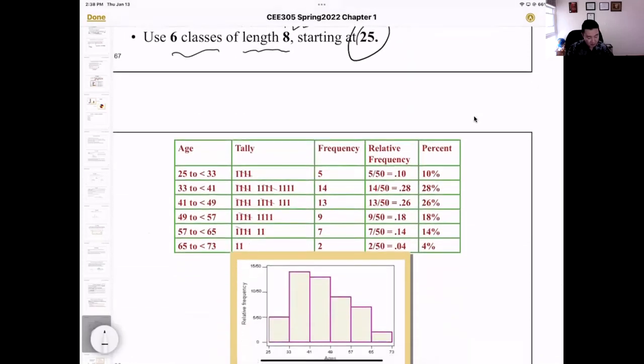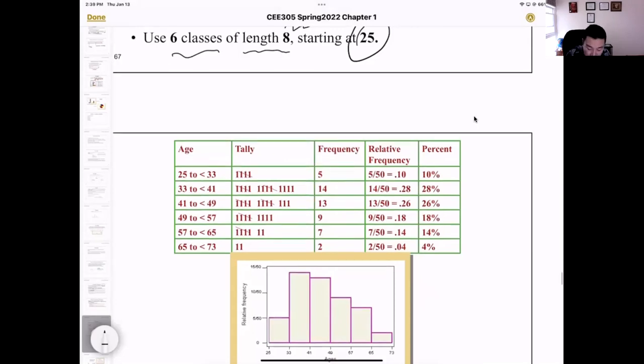Then we just count for age 25 to 33. So 25 less than or equal to age, and less than 33. This is left inclusive. This category means if the professor's age is 25, it will be included in this category.